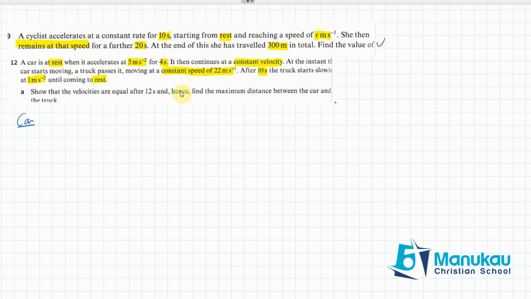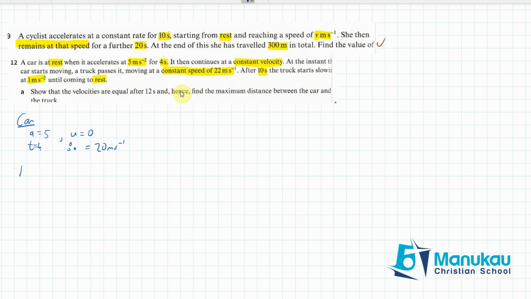Well, we know that it starts off at 0, and its acceleration is 5, and it accelerates for 4 seconds, and therefore we know that it reaches a top speed of 20 meters per second, and we know, according to this, that it continues at a constant velocity. So, at 12 seconds, the car is at 20 meters per second.